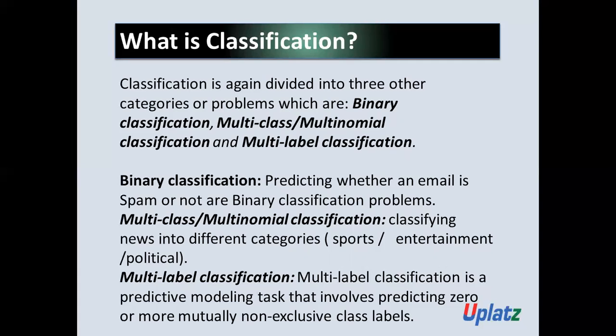The example of multi-class classification is classifying news into different categories such as sports news, entertainment news, political news. And multi-label classification is a predictive modeling task that involves predicting zero or more mutually non-exclusive class labels.